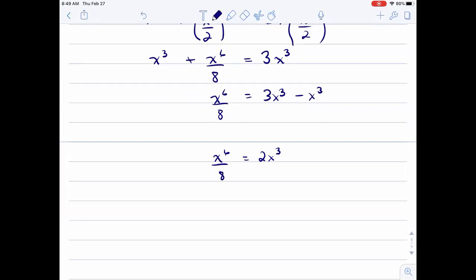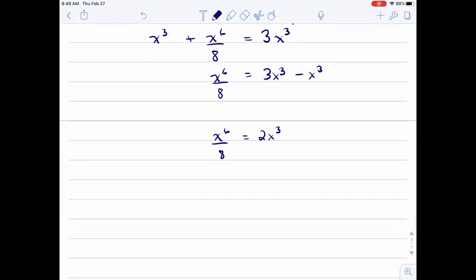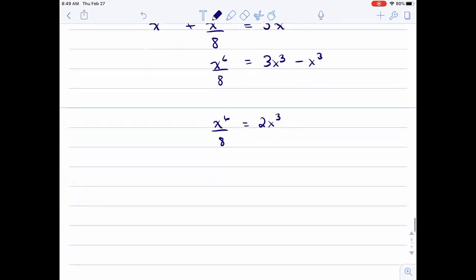Now I can multiply that 8 over, because it's the only thing that I'm bringing over. And so I get x to the power of 6 must be 16x to the power of 3, which is 2 times 8, because I've brought the 8 over.